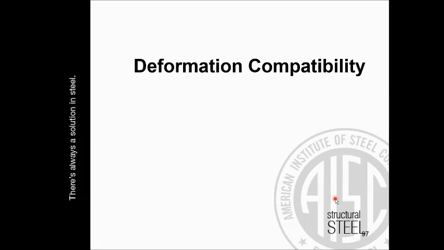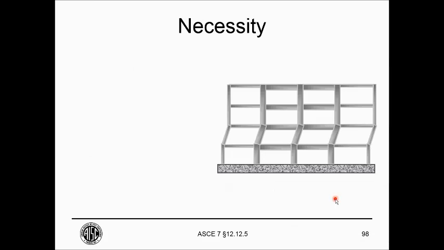All right, so now we'll talk a little bit about deformation compatibility, which is a very important concept in seismic design. Here I'm showing roughly a moment frame undergoing large displacements, and look at that, the gravity columns also have the same displacements.